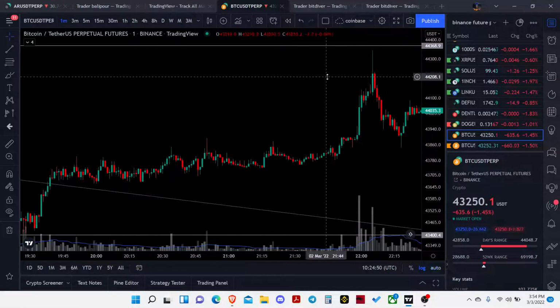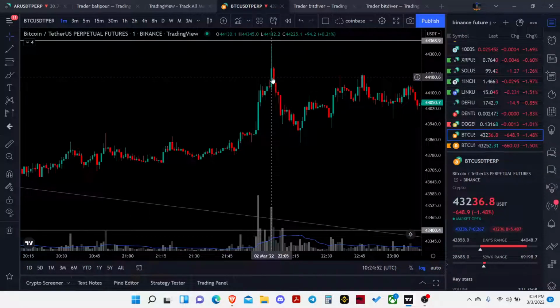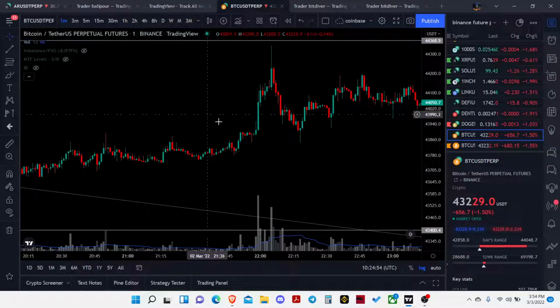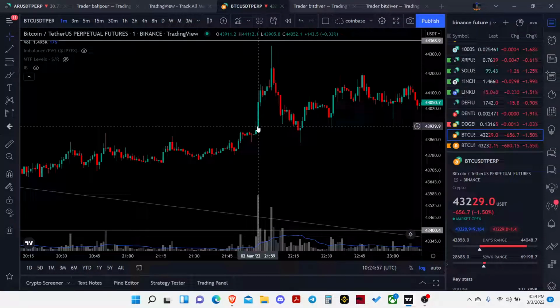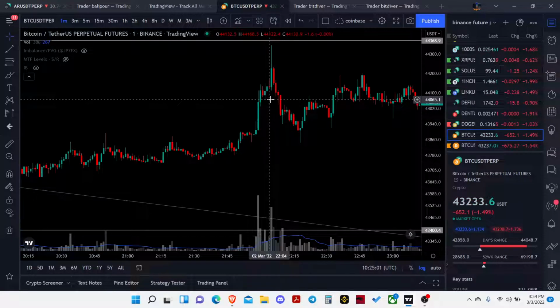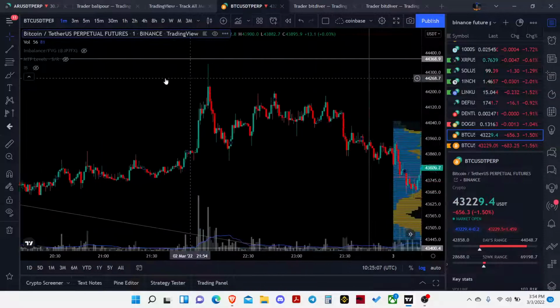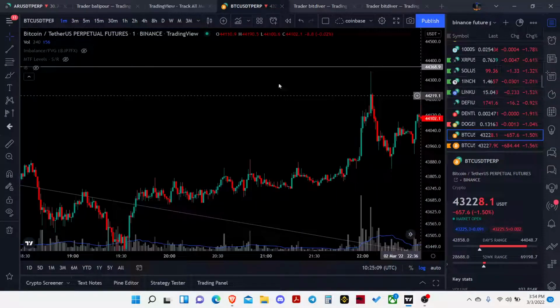Look at this, big volume spike, and this is smaller. Let's count: just about 1,000 volume, and this one 2,000 volume. Not 2,000, but decent volume at the top of the range.